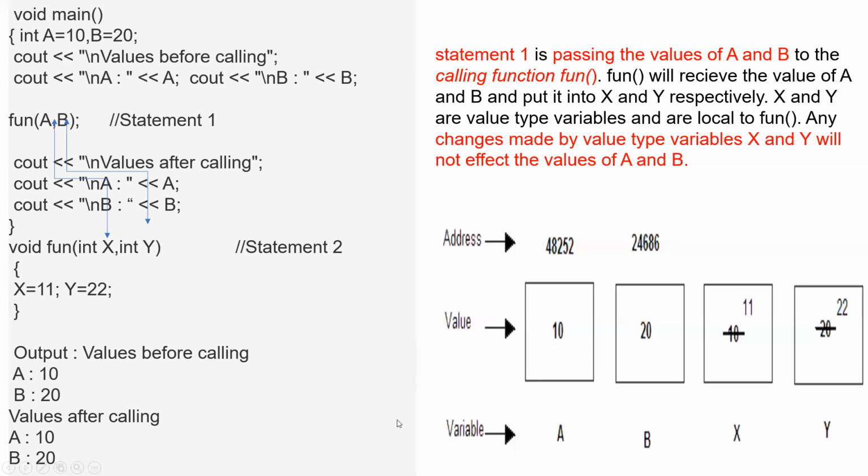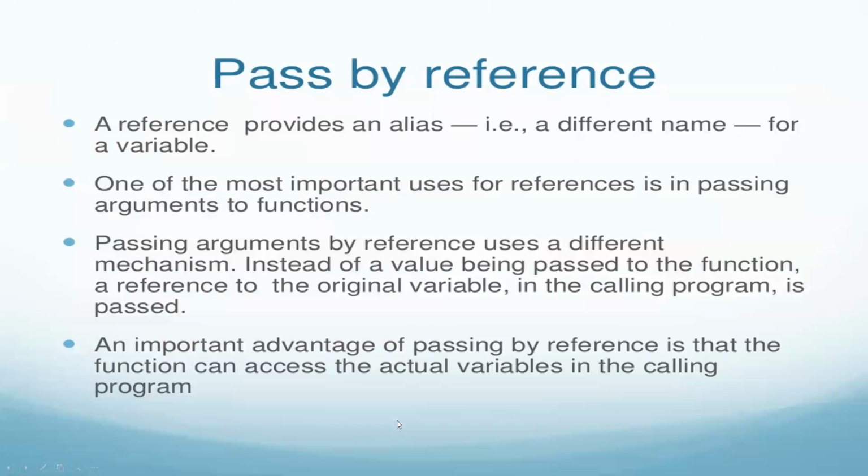Now let us see what happens in call by reference. The first slide showed us that reference means we are talking about the address. So here reference means that I will not make another set of variables; no separate formal arguments will be created.